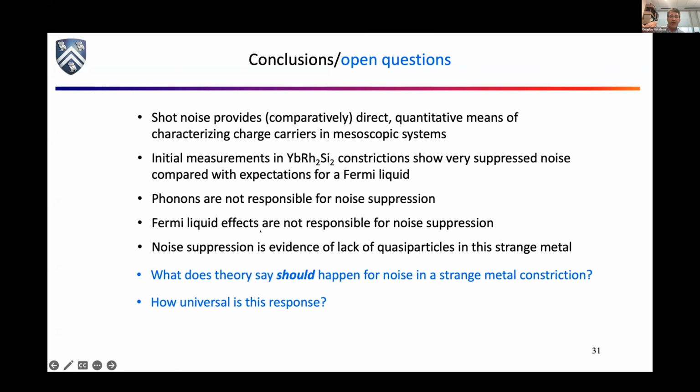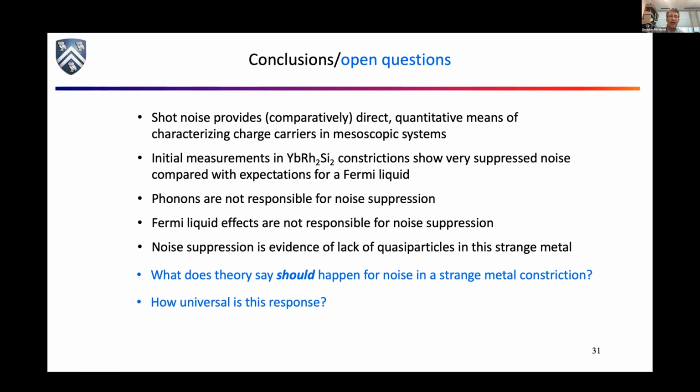Fermi liquid effects should not be responsible for the noise suppression, rigorously. And so the only other game in town, as far as I'm aware, is that we really need some kind of microscopic theory to understand how to compute noise in a system where there are not these well-defined quasiparticles, because that's how I would intend to interpret the noise suppression.